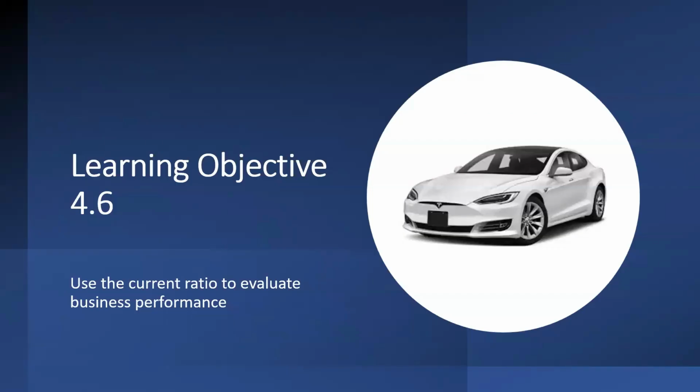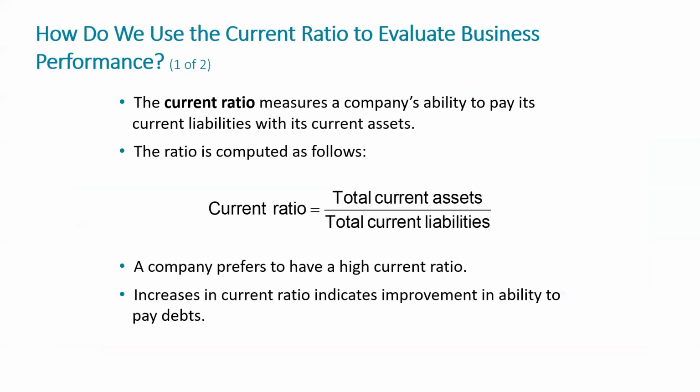Learning objective 4.6, use the current ratio to evaluate business performance. The current ratio measures a company's ability to pay its current liabilities with its current assets. A company prefers to have a high current ratio because that means it has plenty of current assets to pay its current liabilities.